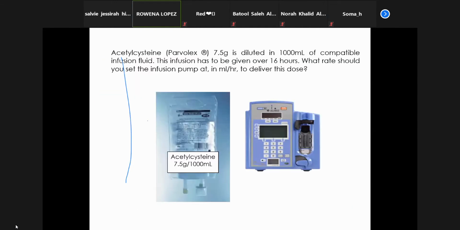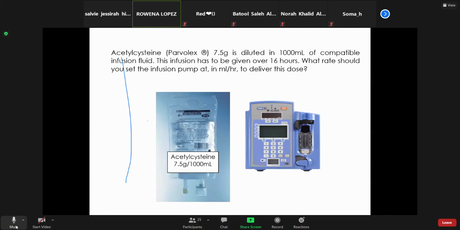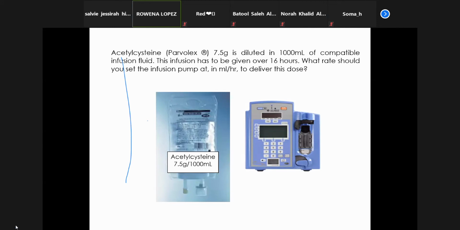So another question. Acetylcysteine, or Parvolex, 7.5 grams is diluted in 1,000 ml of compatible infusion fluid.